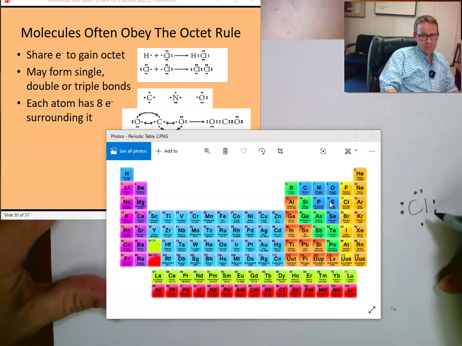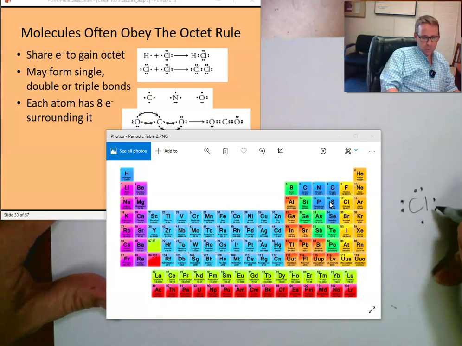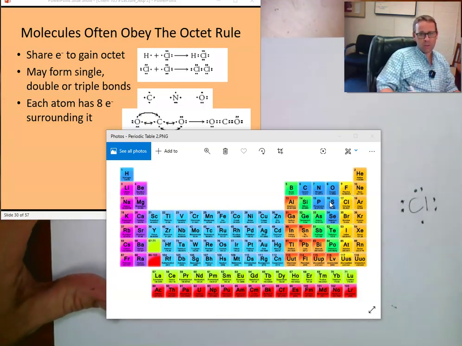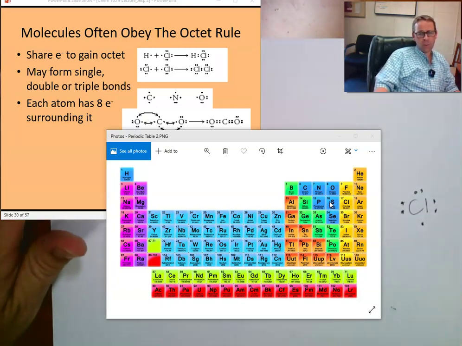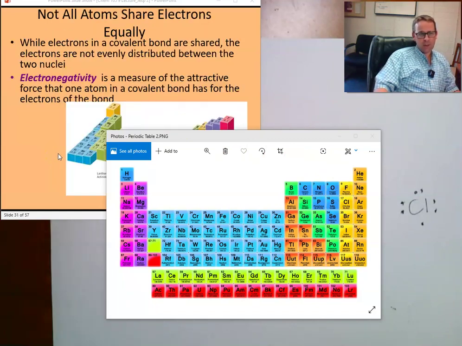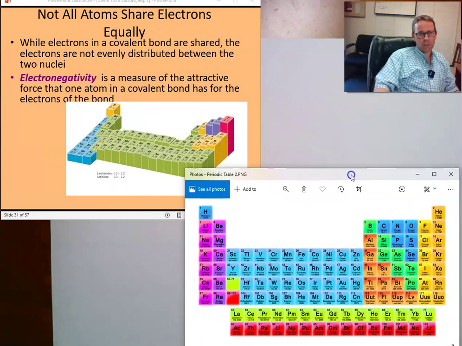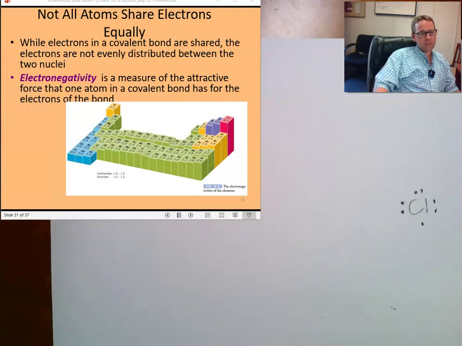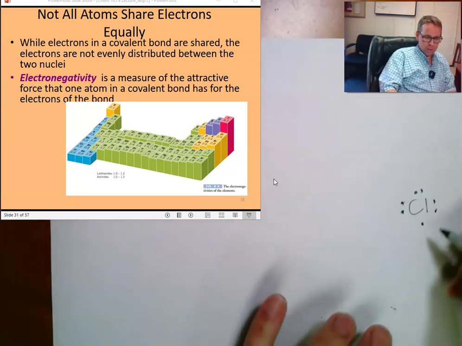So chlorine has 17 electrons, but we only draw 7 around the chlorine atom when we're drawing the Lewis dot structure. Okay, so molecules follow this octet rule and try to fill their outer shell with 8 valence electrons around them.